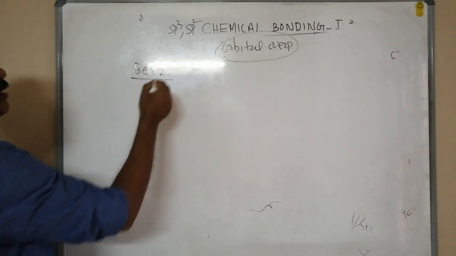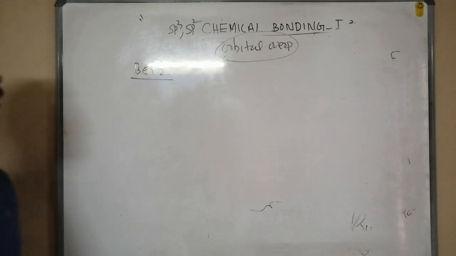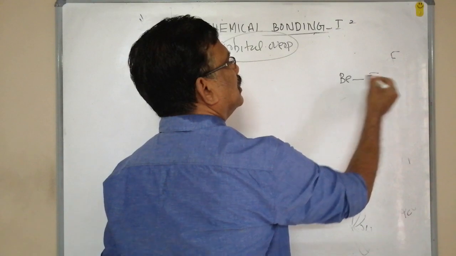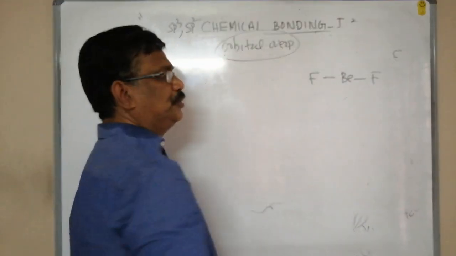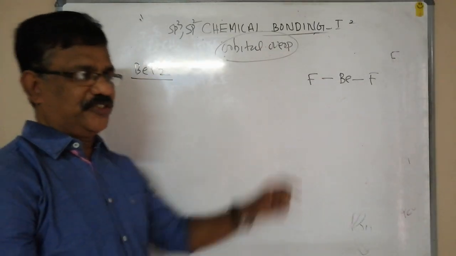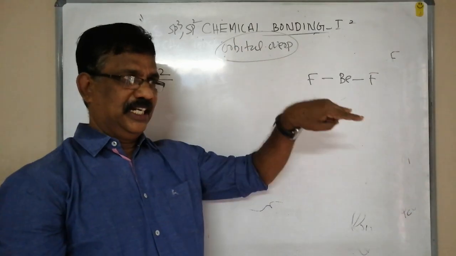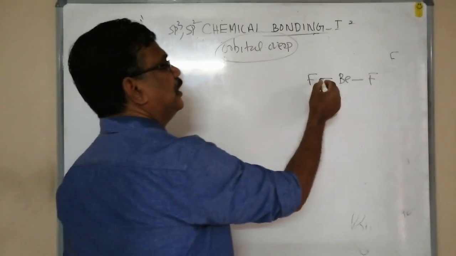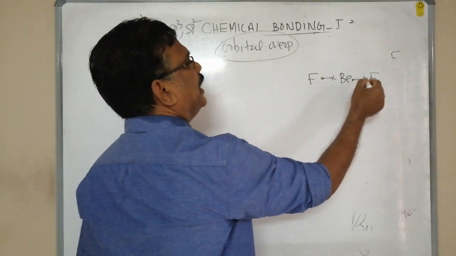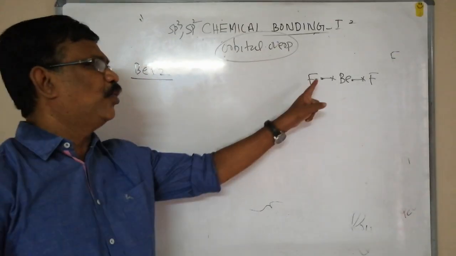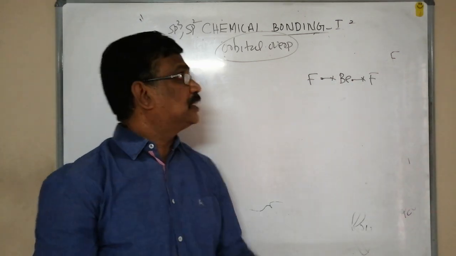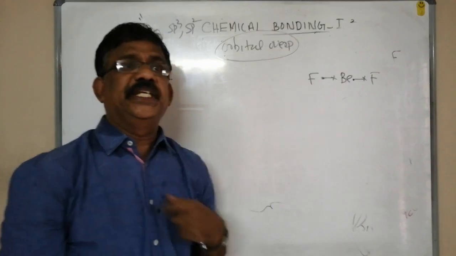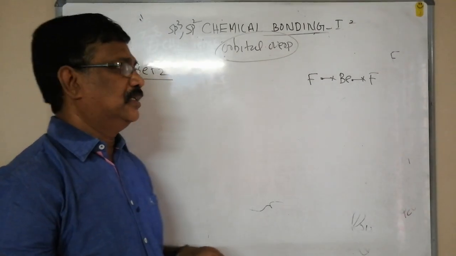Beryllium difluoride, this is the molecule, another molecule with two covalent bonds. First we discussed four covalent, then three covalent, now two covalent bonds. Central atom beryllium, a pair, two covalent. How are these covalent bonds formed, by means of which orbital overlap? That is the key point of VBT, Linus Pauling and Slater.